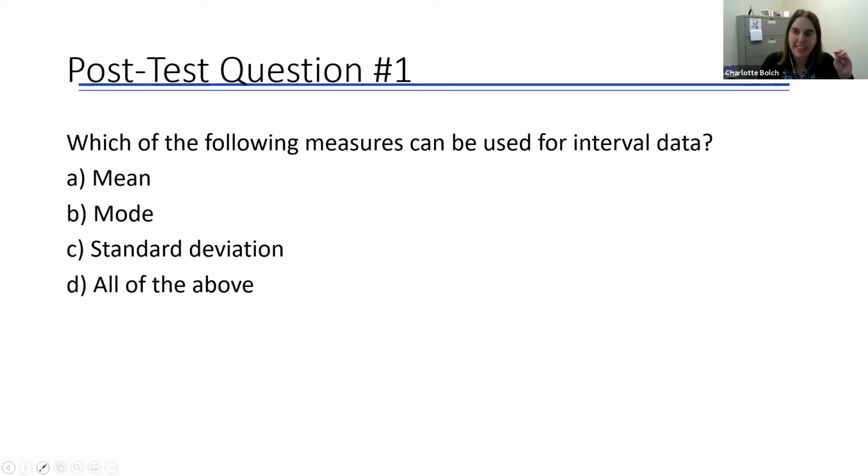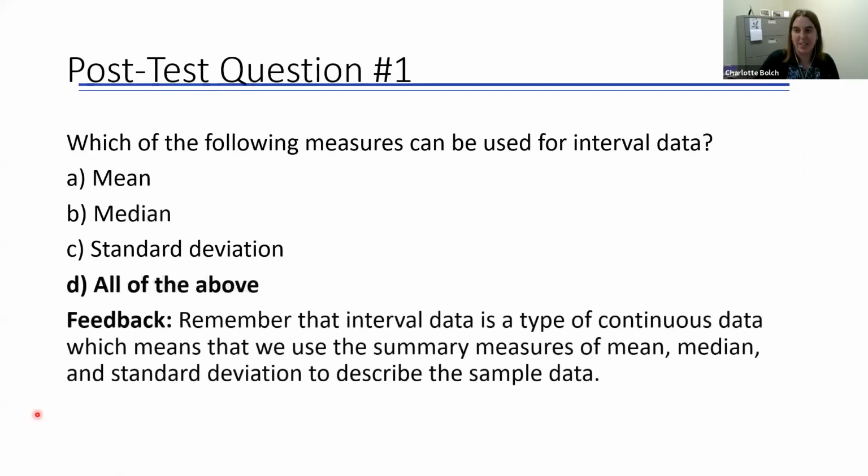We didn't specifically talk about the mode tonight, but it is a measure of how common the values are. The mean does go with the standard deviation, and you can also talk about the mode or the median as well. So the correct answer is D, all of the above. They're all summary measures.